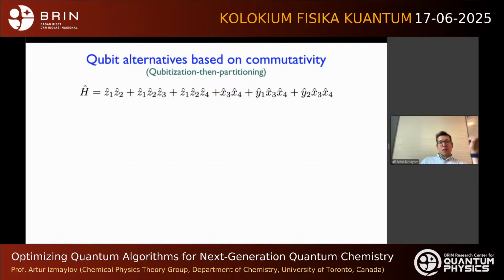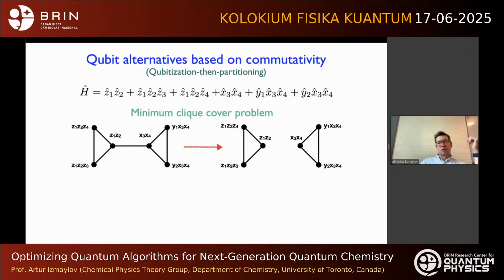Now, when we work with the qubit space first, we partition the Hamiltonian into diagonalizable parts. A typical example could be a Hamiltonian that is a linear combination of these products.